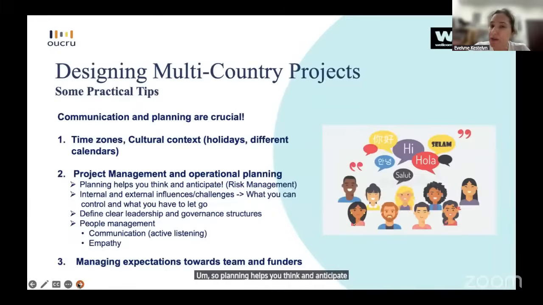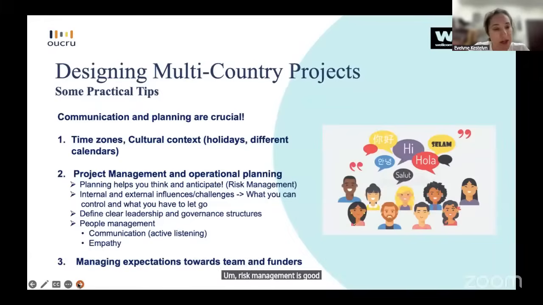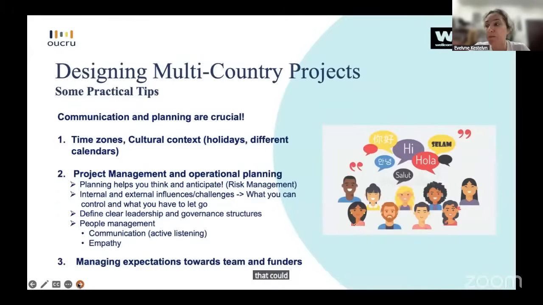Think about risk management when you are planning these projects. Risk management is good to do in any project, but again, if you are collaborating across multiple countries, sometimes across multiple continents, you really need to think about what could be some of the potential risks that could prevent me from reaching the intended impact in this project.